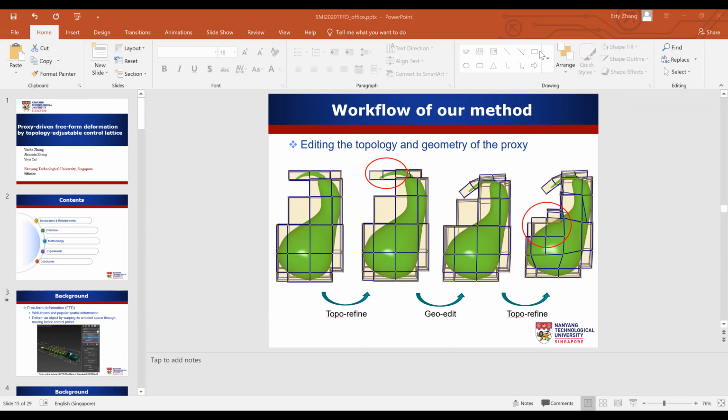For cage-based methods, they create a very coarse mesh to embed the object. But for our method, we introduce a T-spline volume, and then the proxy is calculated based on the T lattice.